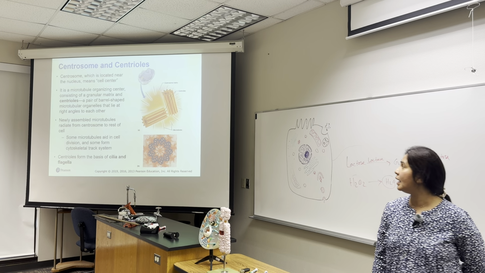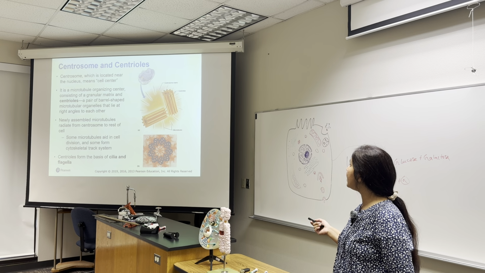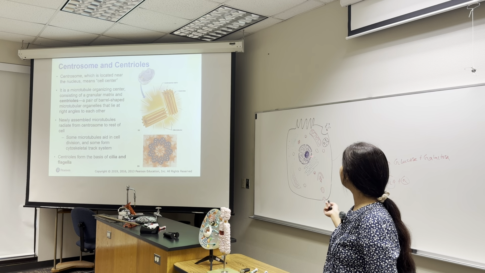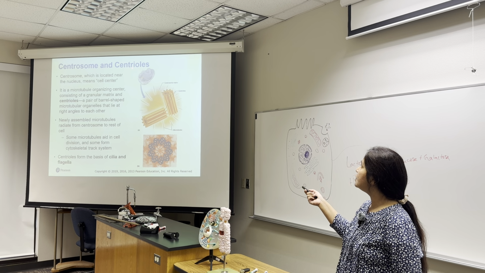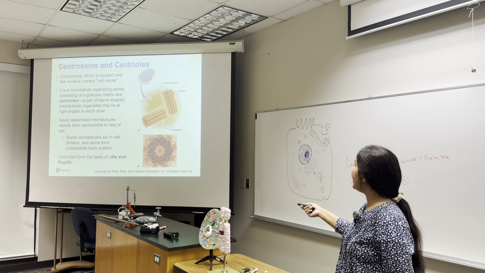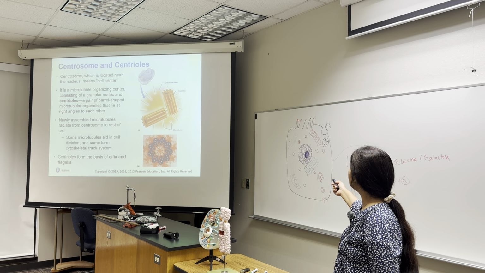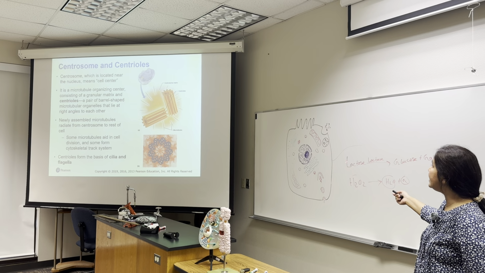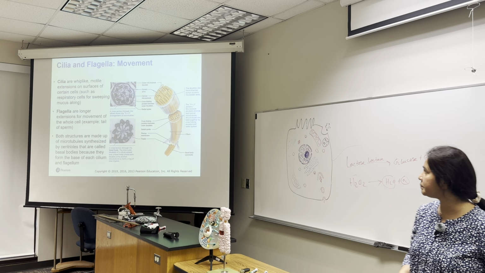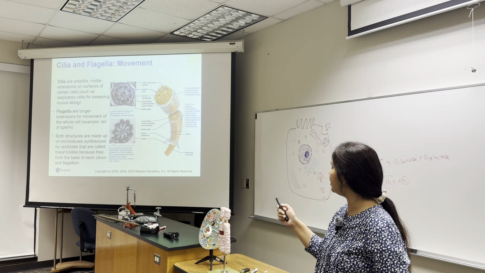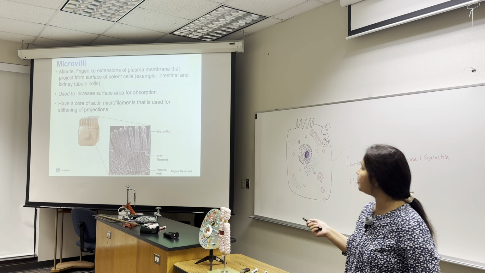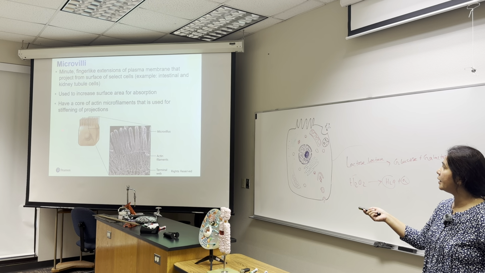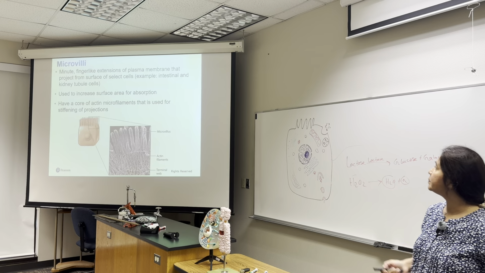Cell division. And what is the function of the microtubule? Microtubules together form the centriole and the centrosome, and they can also help form microvilli, cilia, flagella, all this. Cilia and flagella, I talked about already. I talked about the microvilli as well: finger-like projections to increase the surface area.